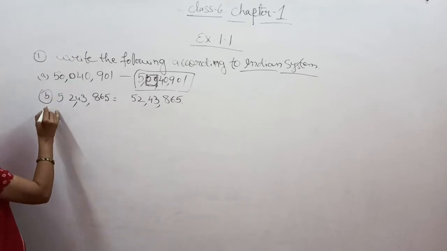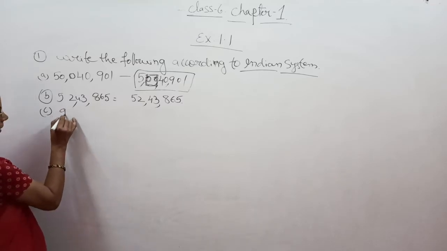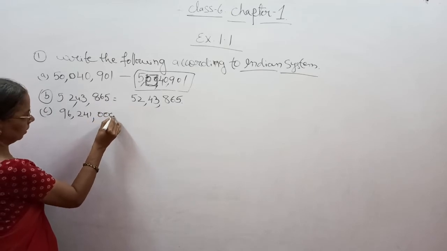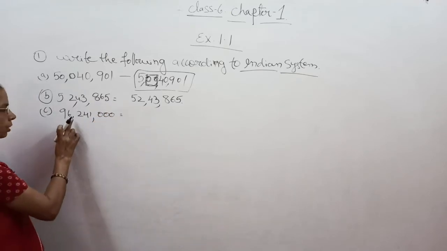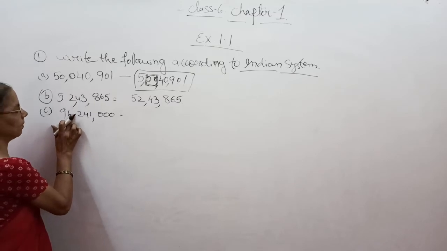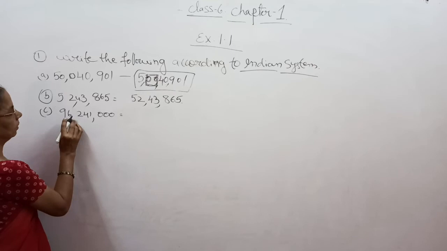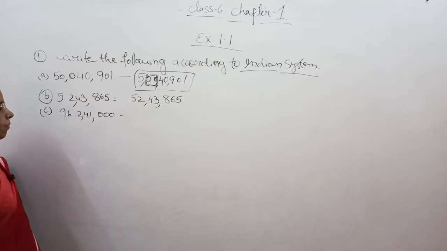Similarly, the third one, 96,241,000. Again we have to remove this comma, which is in between 6 and 2, and put this comma in between 2 and 4.